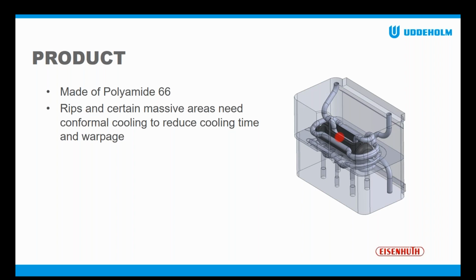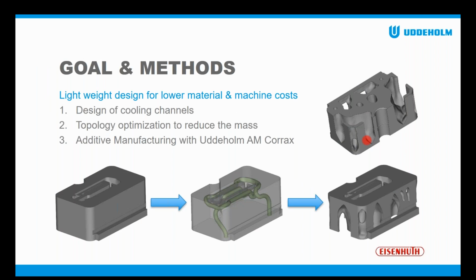So the cycle time is quite long for this part originally. And that's why we redesigned the cooling channels, as you can see right here. So the goal was also to reduce some material because it's a quite big part.